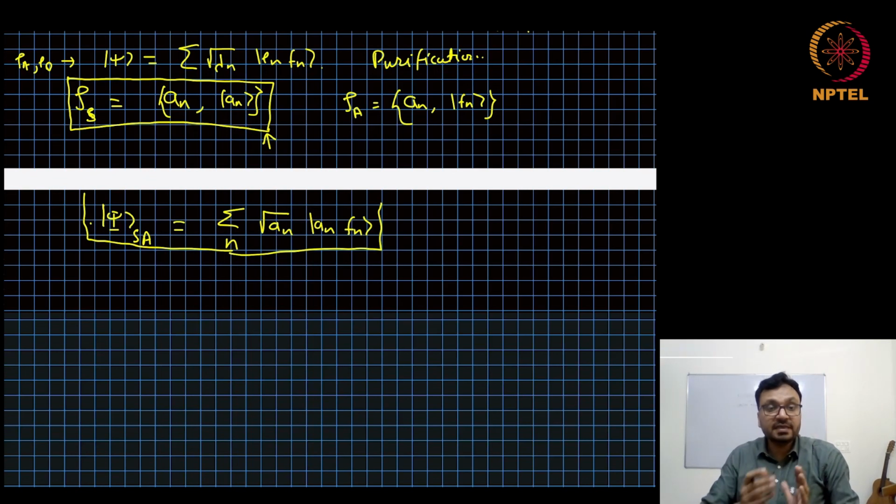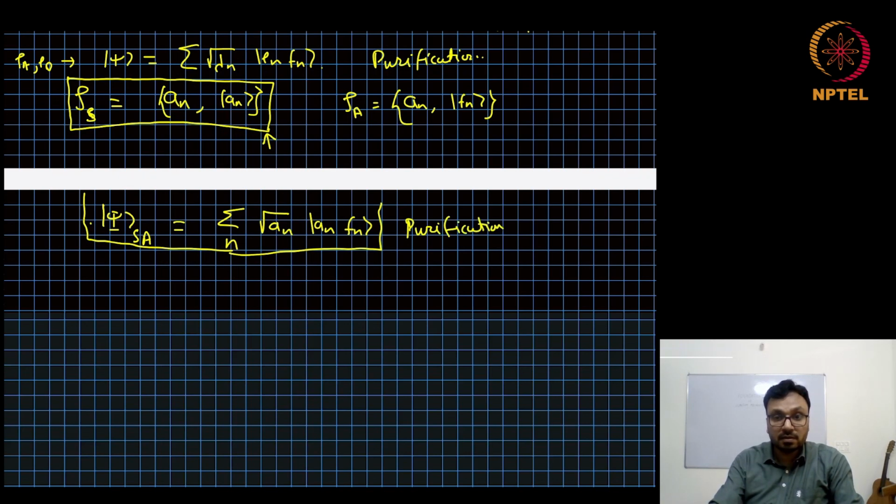This process of connecting a mixed state to a pure state of a larger system is called purification. It is used to simplify problems when we deal with open quantum systems, and more complicated quantum systems in mixed states.